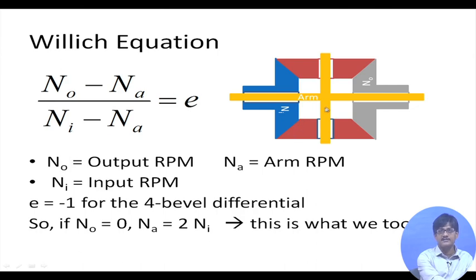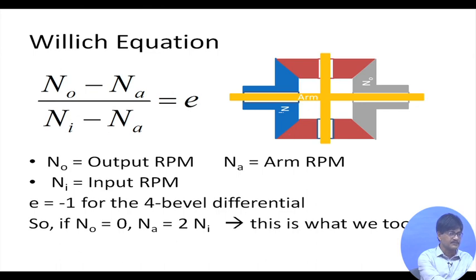So, we understand that the arm will always be equal to half of this input, and in the same manner the arm will be equal to half of this input if this is put on and this is put off, and when both of them are acting, it will be the algebraic addition of the halves of these two input RPMs. So, as we had claimed, this bevel differential does a sort of addition.